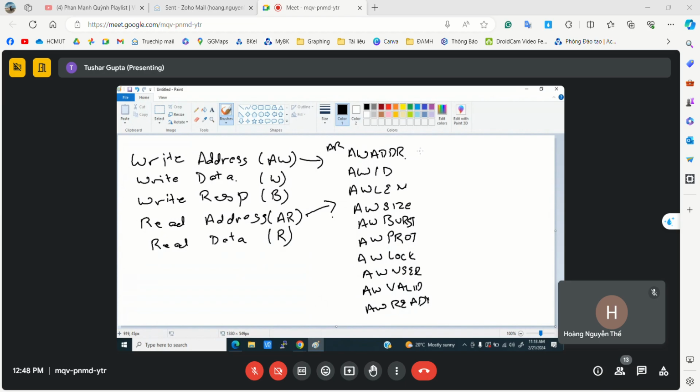What we'll see are the different uses of these signals. Firstly, let's consider a clock. So we have a clock, and let's say we have generated an address as V1.